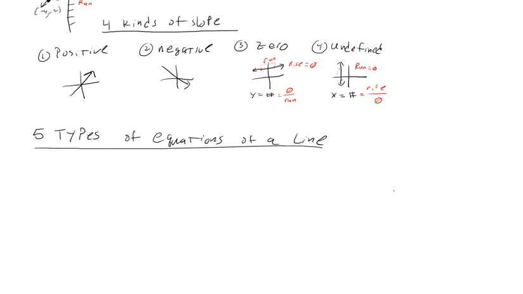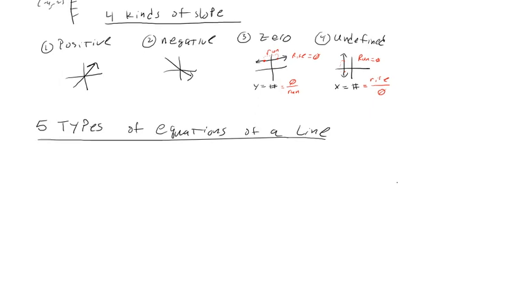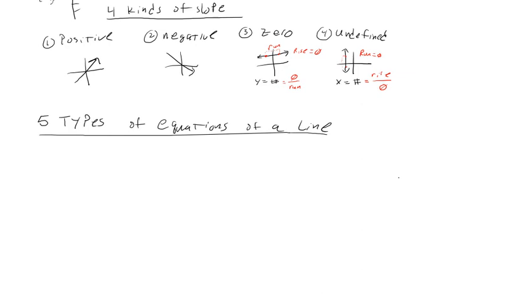And each one has its own sort of use. Each one has its own strengths and weaknesses. You've seen these 5 types. I just want to quickly go through them to remind you of the different styles and give you some tips as to when certain ones would be useful.